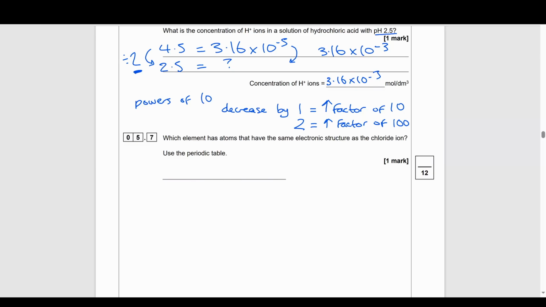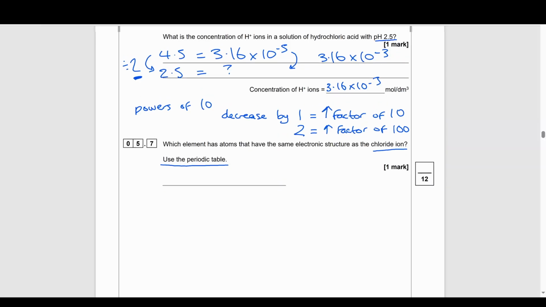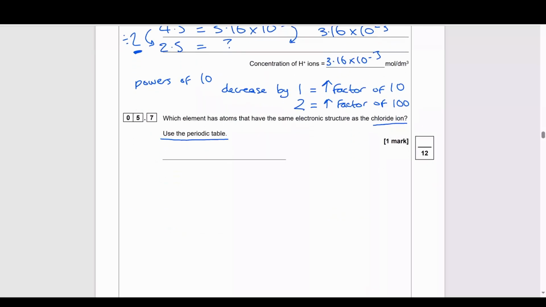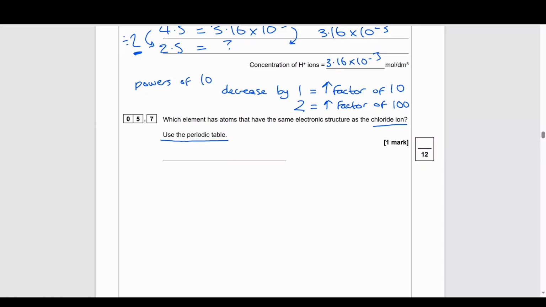5.7. Which element has atoms that have the same electronic structure as the chloride ion? Use the periodic table. So chloride ion, as I said above, is Cl-. So find chlorine first in the periodic table. We know that it has 17 electrons in total.